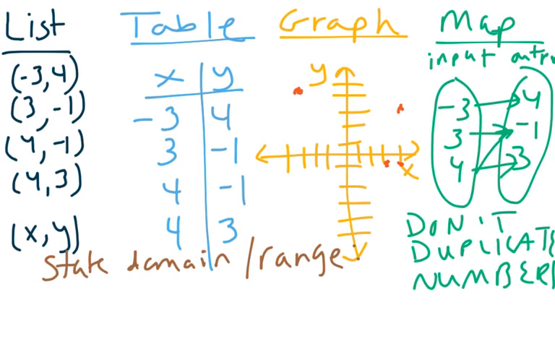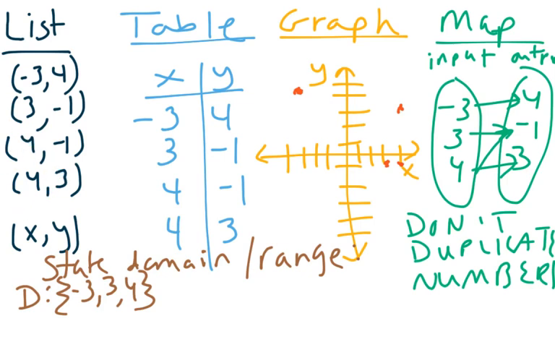You'd put like a D for domain and then a colon. Then you would open up your squiggly brackets and you would list all the different numbers that you have for x. So in this case, it would be -3, 3, and 4, and then you would close your squiggly brackets.